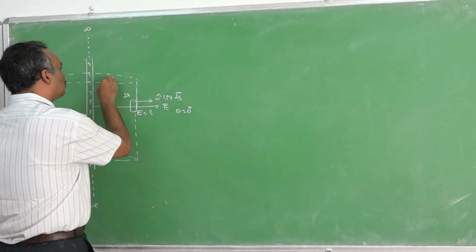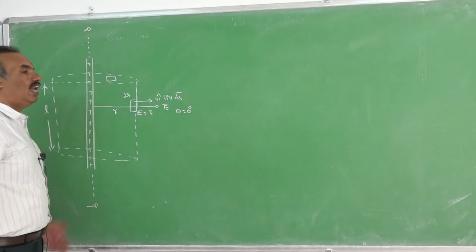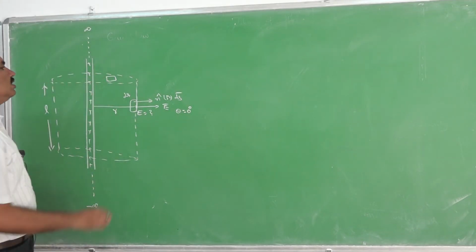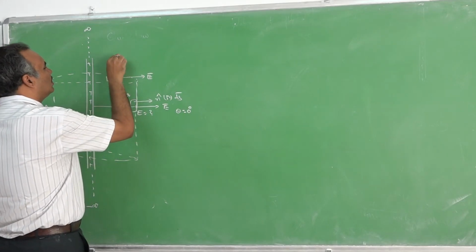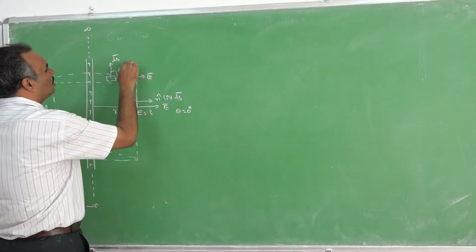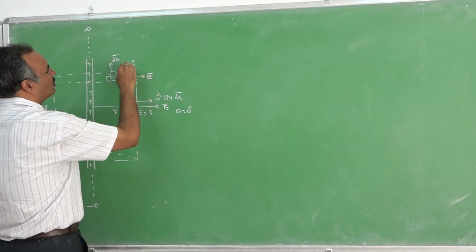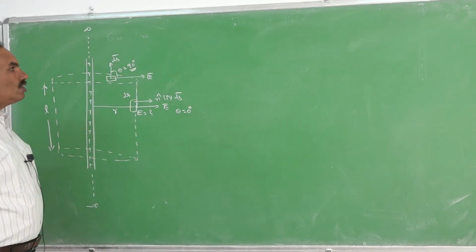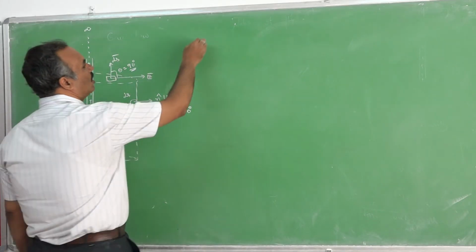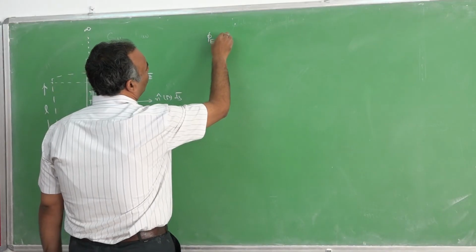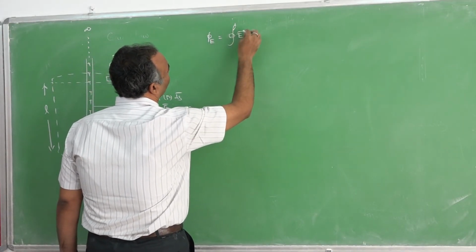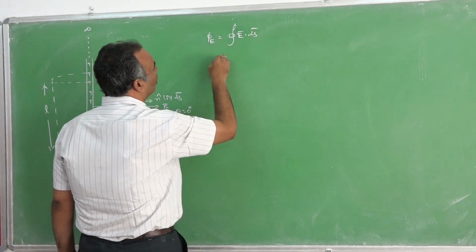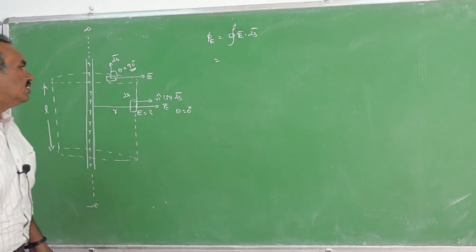You may consider the small elemental area on the flat surface of the cylinder. In this case, electric field will be like this, ds bar will be like this. The angle between them is theta equal to 90 degrees. So, if I want to calculate electric flux as per the definition given by Gauss, it's a closed integral E bar dot ds bar. Closed integral means the entire surface should be taken into consideration.